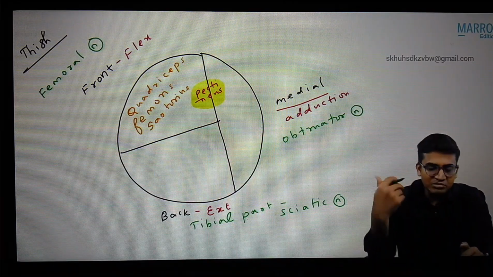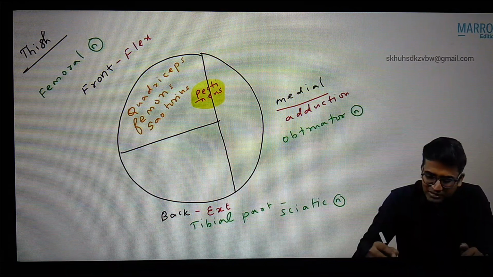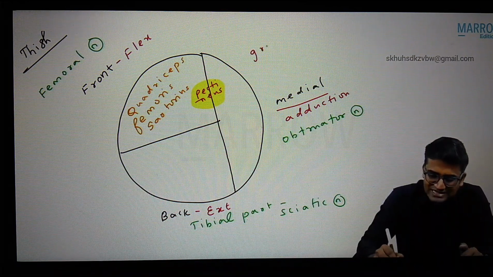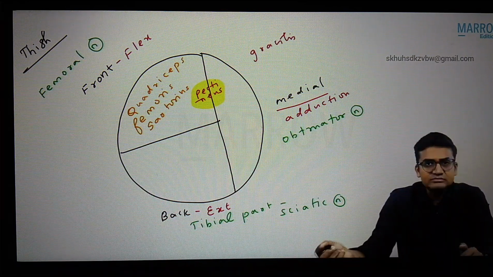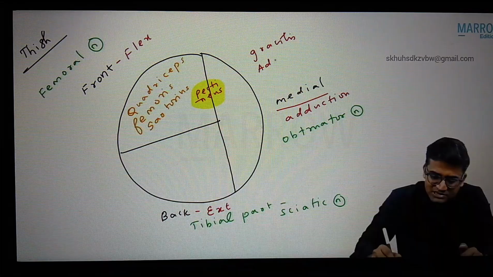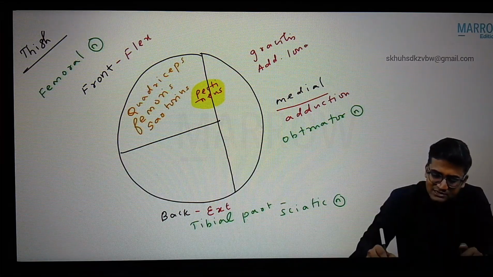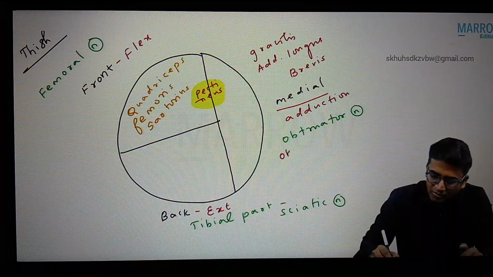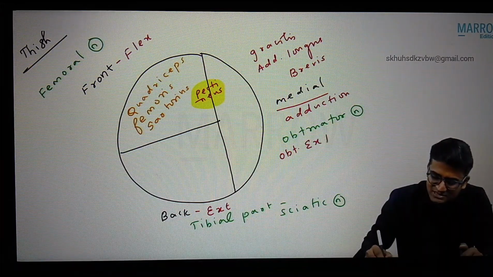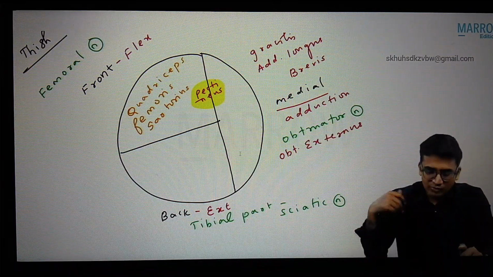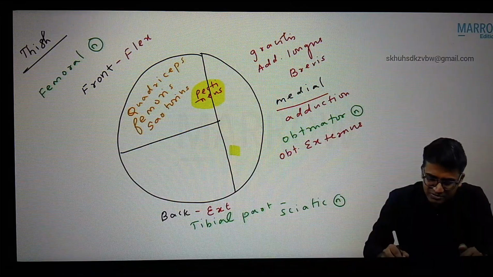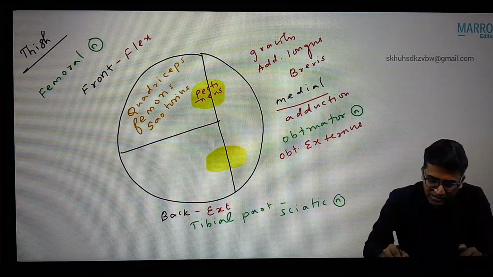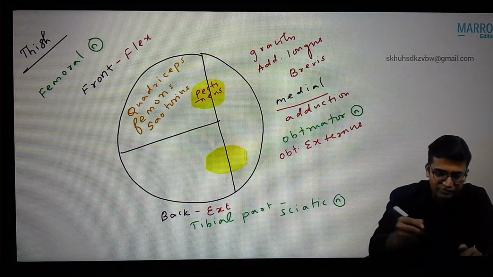Right. What are the muscles in the middle compartment? Now in the middle compartment, we have gracilis muscle, and then adductor muscles: adductor longus, adductor brevis, and obturator externus muscle. And we have one more muscle. That muscle is present at the junction of the middle compartment of thigh and the back of thigh.